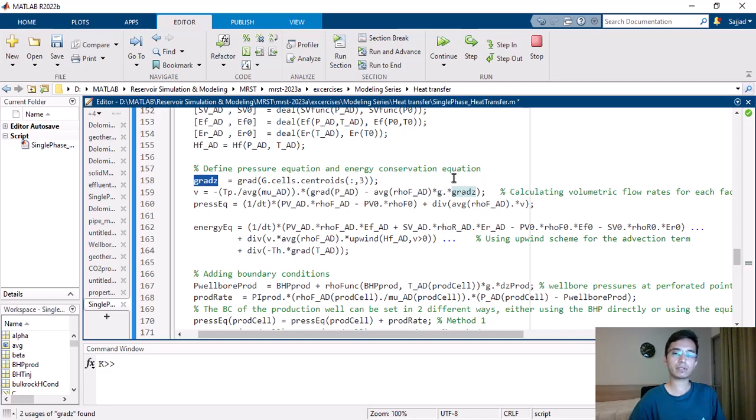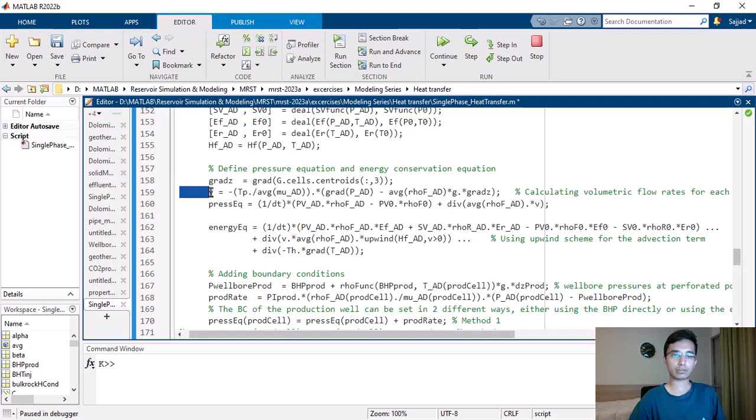Why do we need to do this? Because we need it for the calculation of gravitational forces in Darcy's law. So this is the pressure forces, and this is the gravitational forces in Darcy's law for the calculation of the volumetric flow rate.